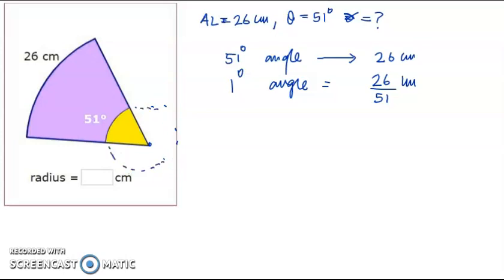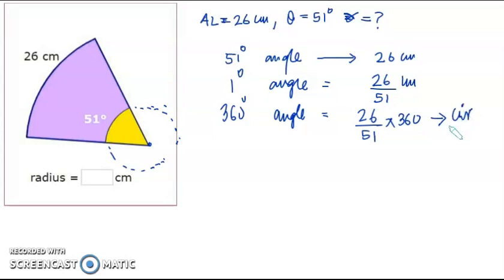So 26 by 51 times 360 will give you the length of the circumference of the circle.